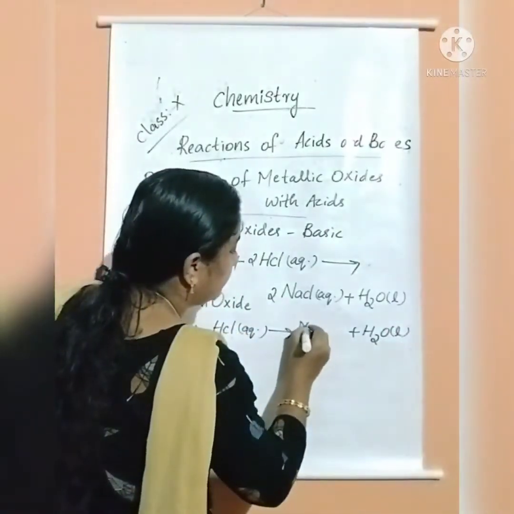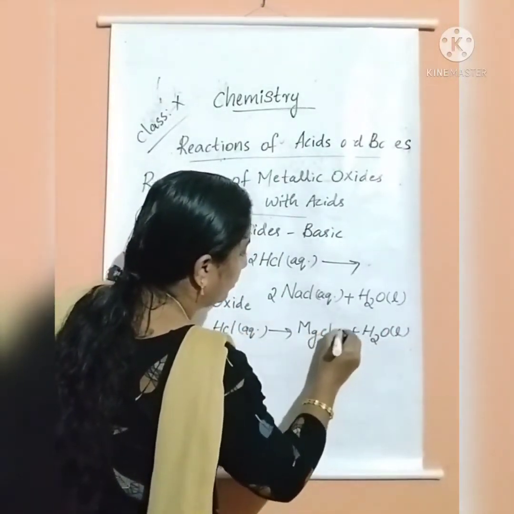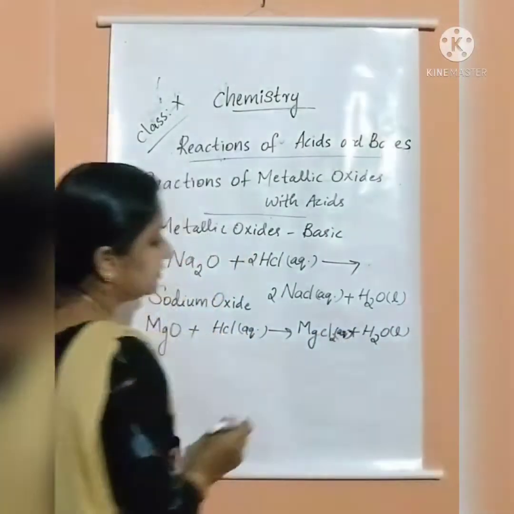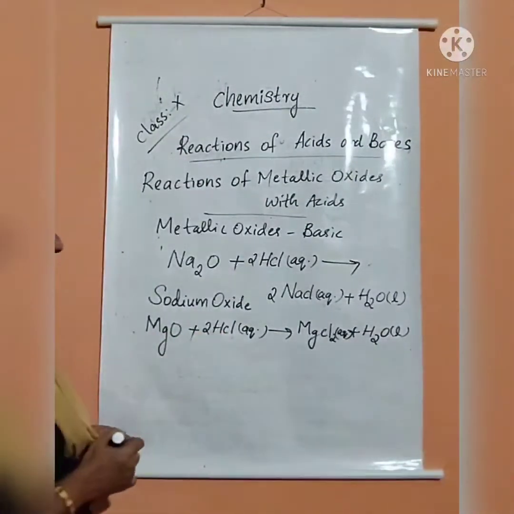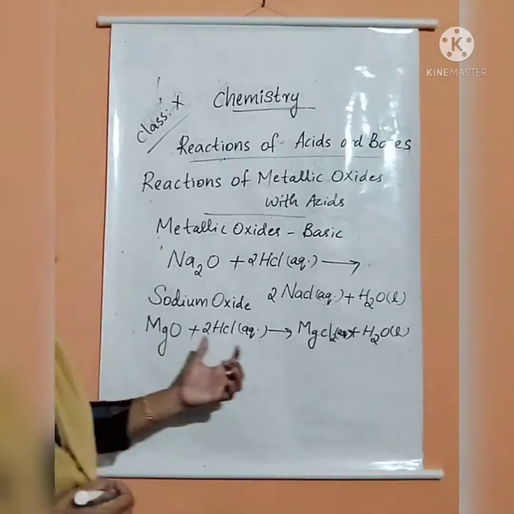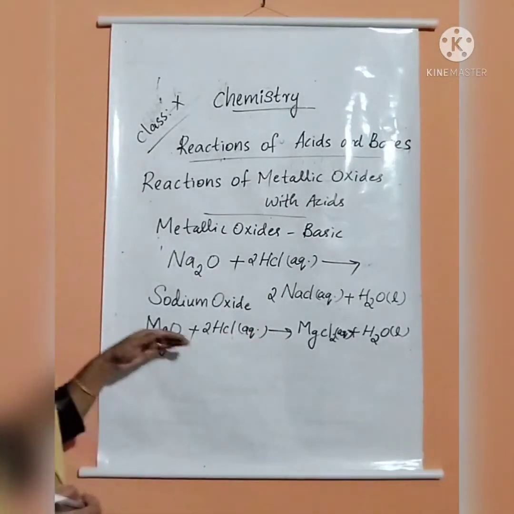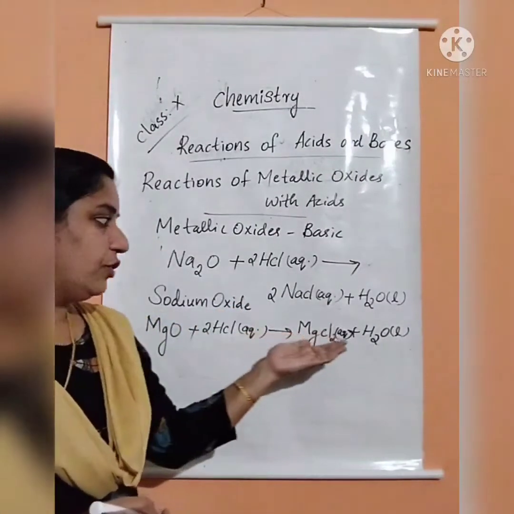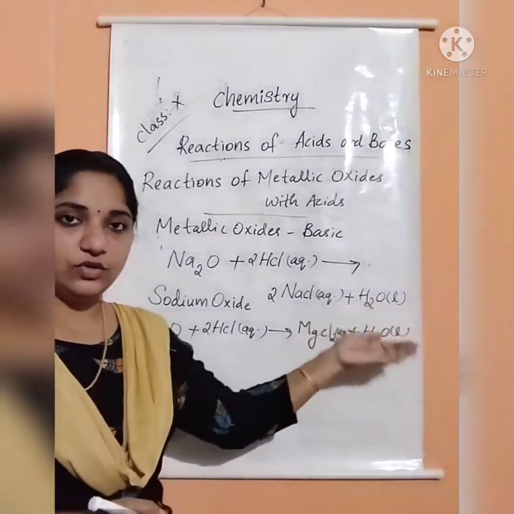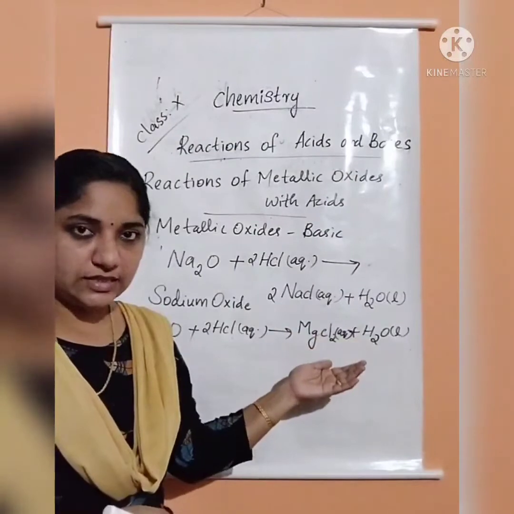Then MgCl2, that is magnesium chloride. MgCl2. This is balanced. Yes. So, when magnesium oxide reacts with the acid to form magnesium chloride and water, magnesium chloride is a salt.